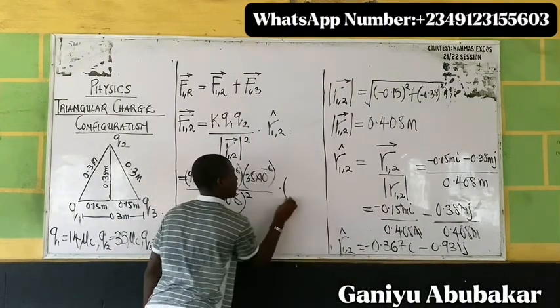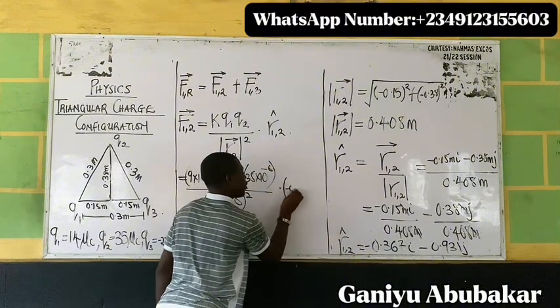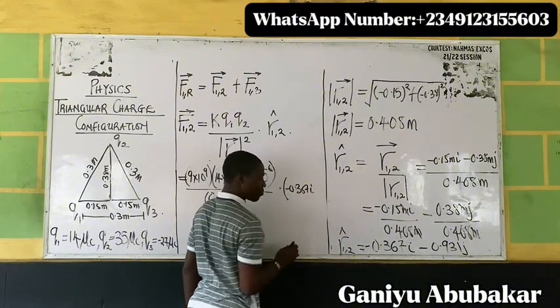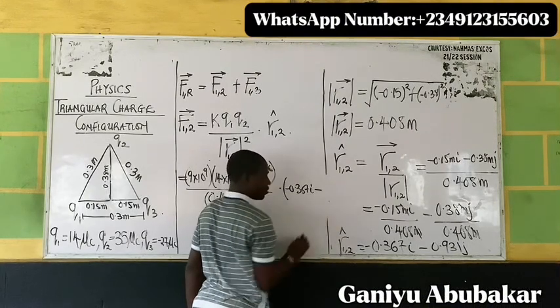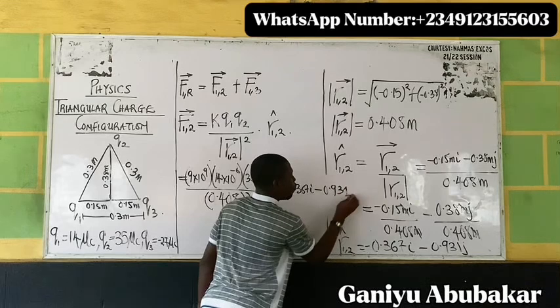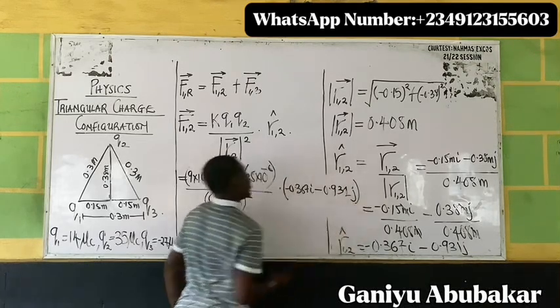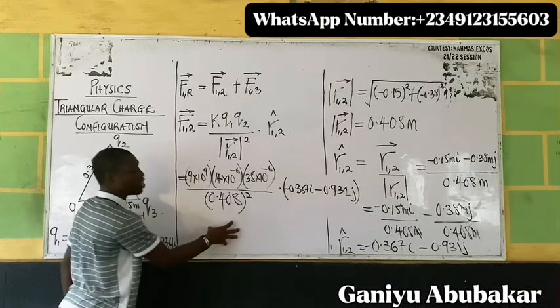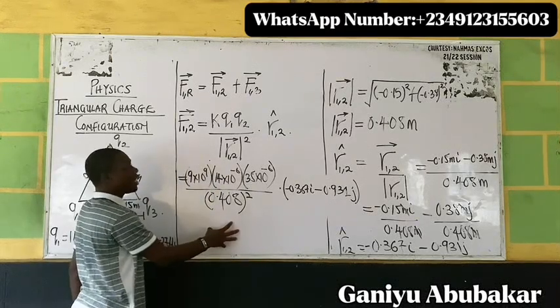So in a bracket, I have minus 0.367i minus 0.931j. Alright, I have this. Let's punch all these values in and get a straight answer, and then I'll drop this one down.